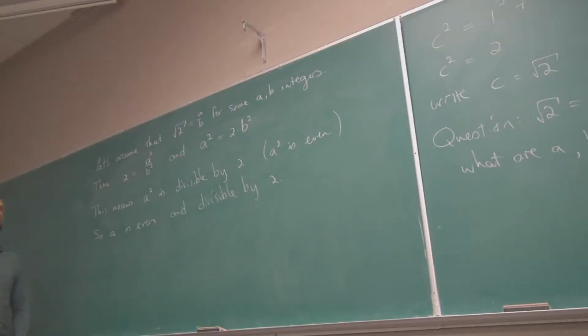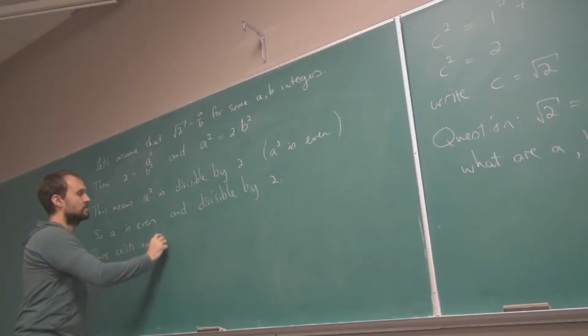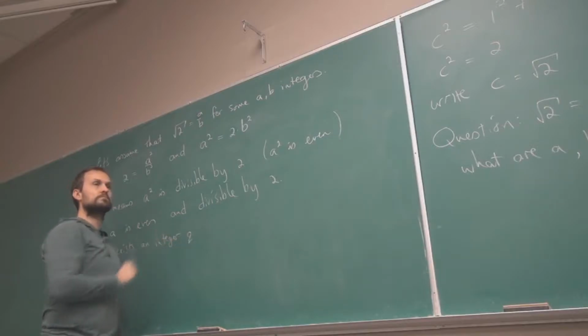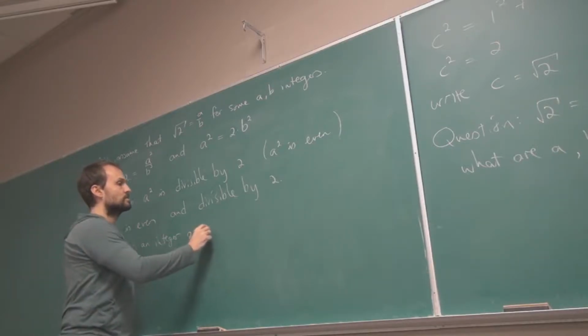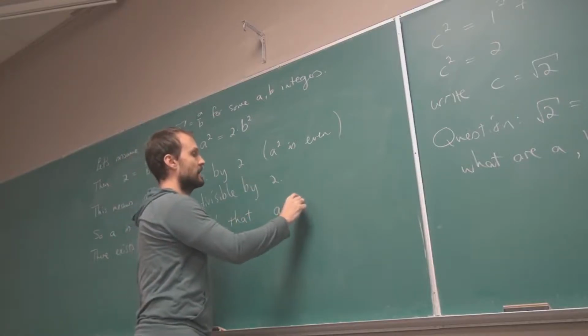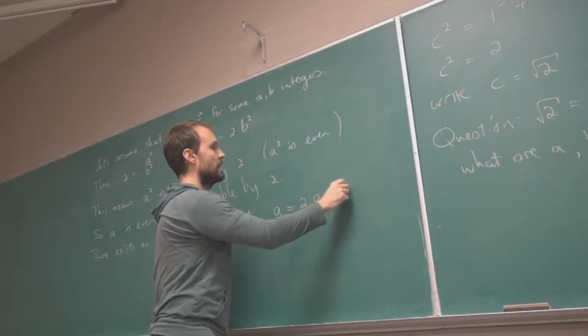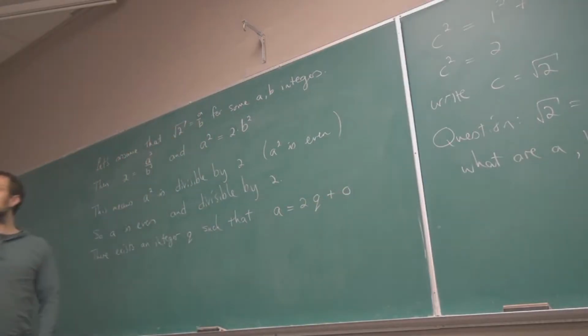Now, what is the definition of divisibility? There exists an integer, q for quotient, such that I can write this a as, when I divide 2 into it, I get my quotient, and I get a 0 remainder, because it's divisible by 2.